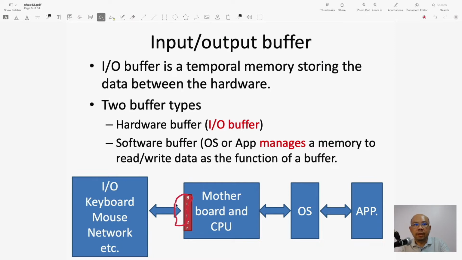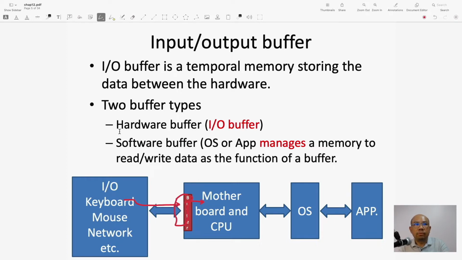That means the buffer is a storage, a very small storage. When you type on the keyboard, the data you type will be kept in the buffer, and then the motherboard, by the operating system, will get the data from the buffer for processing.